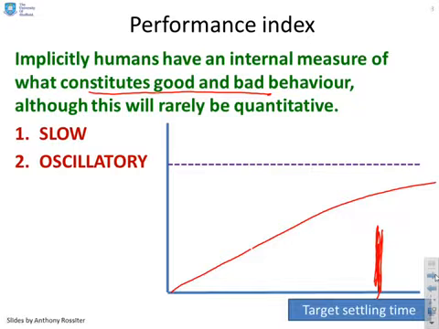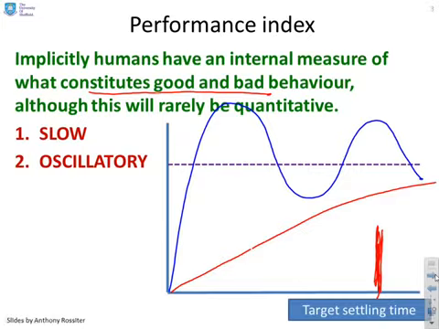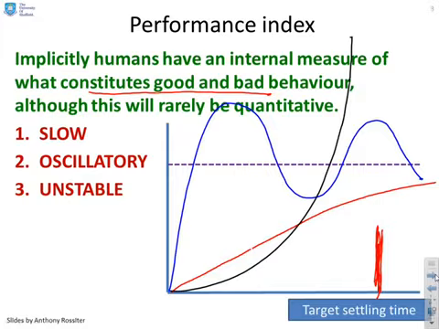If I said something was oscillatory and I did a plot a bit like this, you'd probably say, yeah, that's fairly clear, that's oscillatory, that's probably not very good. What about something that's unstable? Well, there's an unstable response, and you say, yeah, that's fairly clear.